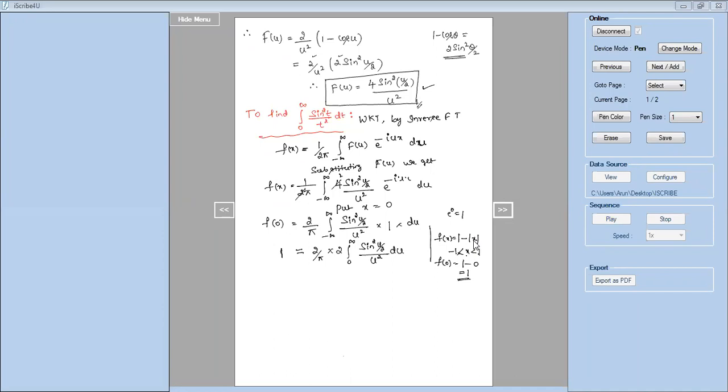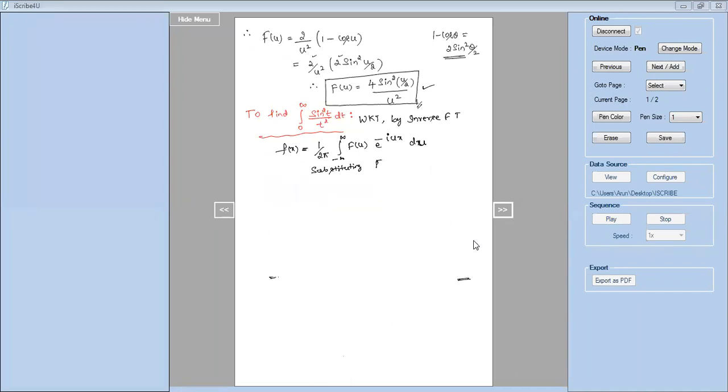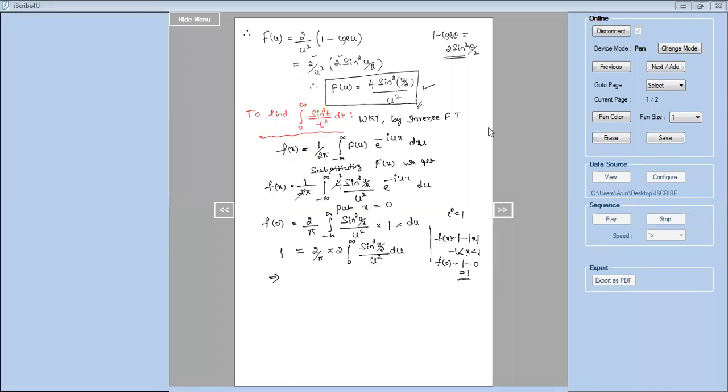Now simplify this and cross multiply. It becomes pi divided by 2 into 2, that is 4, equal to integral 0 to infinity sine square u by 2 divided by u square into du. But here I want sine square t.